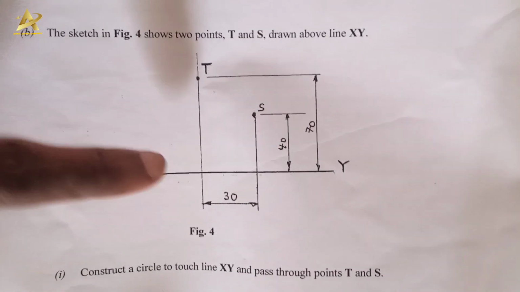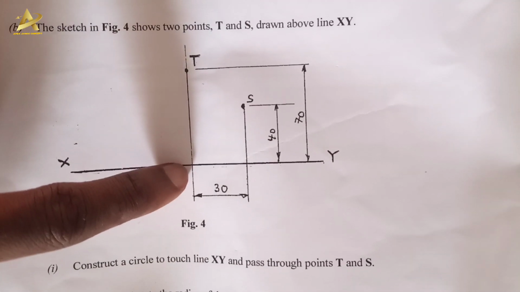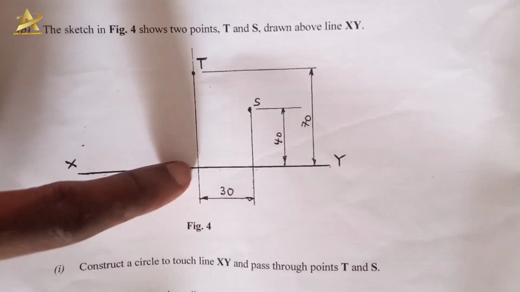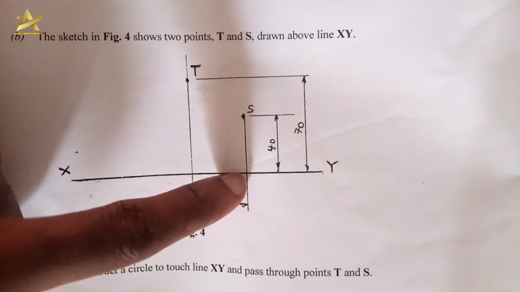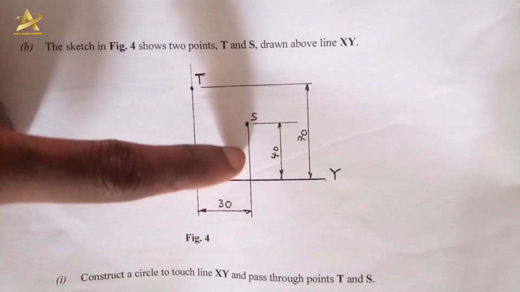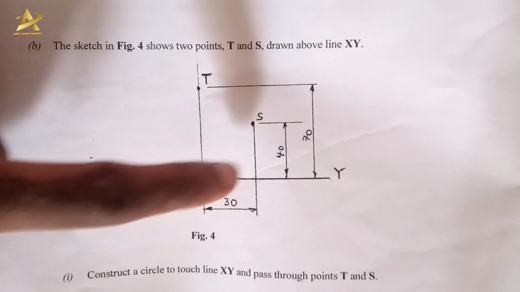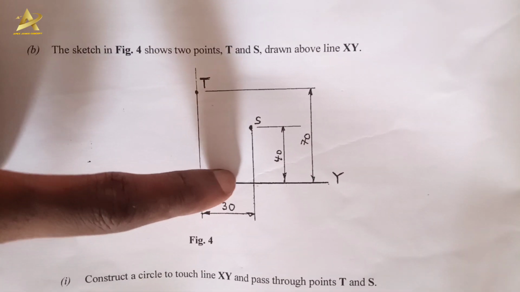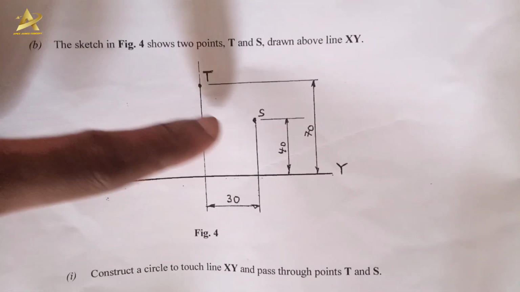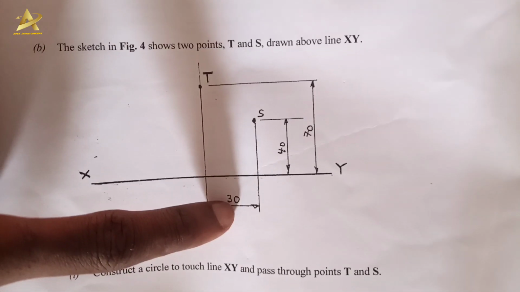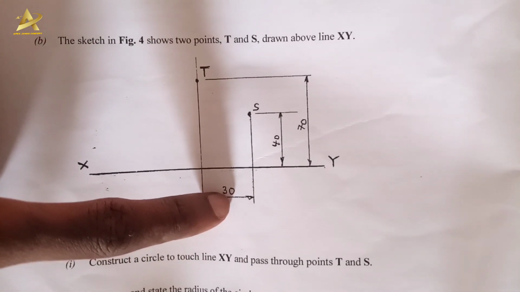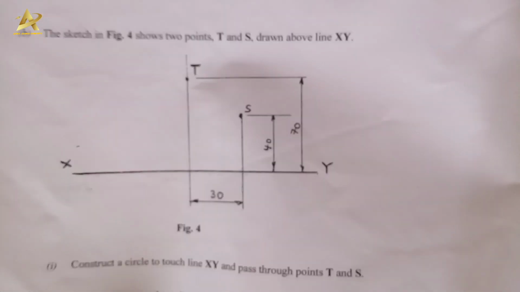That point is T. Then from T, I will move a distance of 30, and from there I'll trace my point S. S is 40 millimeters from the plane XY, but the point T and the point S are 30 millimeters apart. I hope that's very clear. So let's start the process.